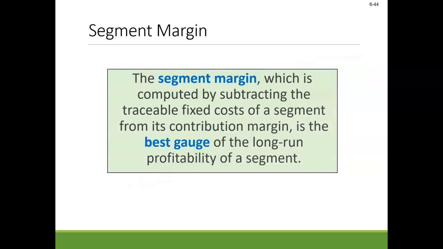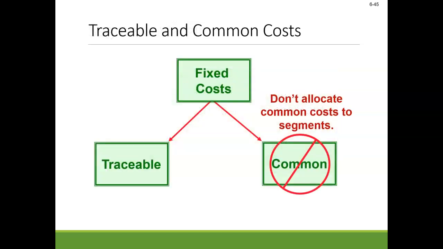The segment margin is computed by subtracting the traceable fixed cost of a segment from its contribution margin. Ultimately, that's a way to separate that specific segment of a business and look at the potential of how it's going to uphold, be profitable.